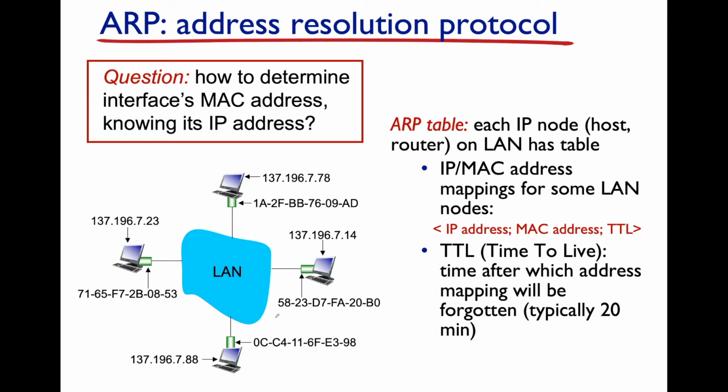When you plug a network card onto your local area network, it engages in ARP, asking who is IP address, for example, 137.196.7.78. It gets a response from the host that has that IP address, and that response contains its MAC address.